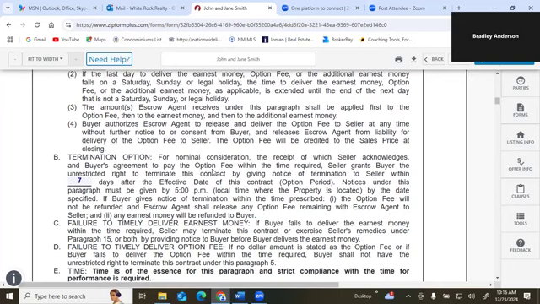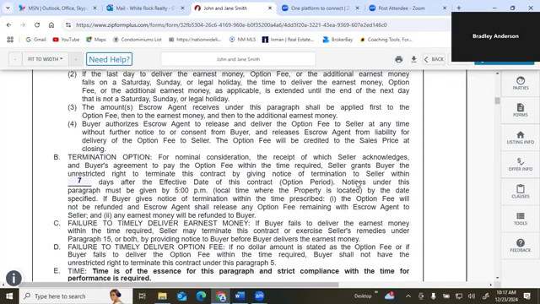Okay, so it says that for nominal consideration, the receipt of which seller acknowledges and buyer's agreement to pay the option fee within the time requested, seller grants the buyer the unrestricted right to terminate, which means that your buyer could wake up tomorrow and just decide they don't want the home, and they don't have to give anybody any more explanation than that. The right to terminate this contract by giving notice of termination to the seller within, in our example, 7 days, the effective date of this contract.